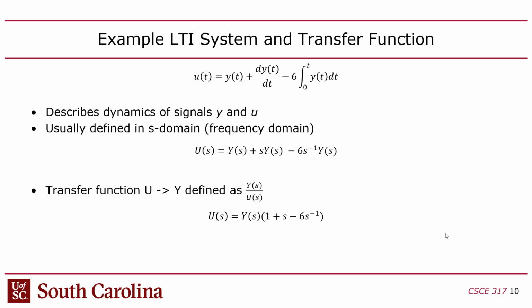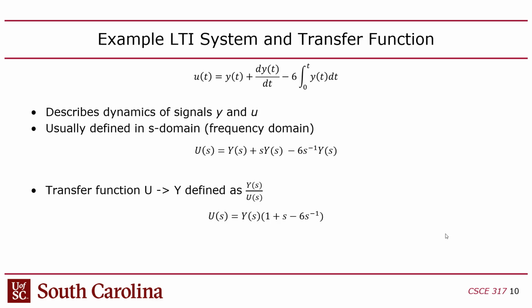So how do you do that? Well, you start with this equation and you have to create this ratio. So you factor out y of s, and you end up with 1 plus s minus 6s minus 1. Then I have to divide both sides by u of s, and then divide both sides by this thing.